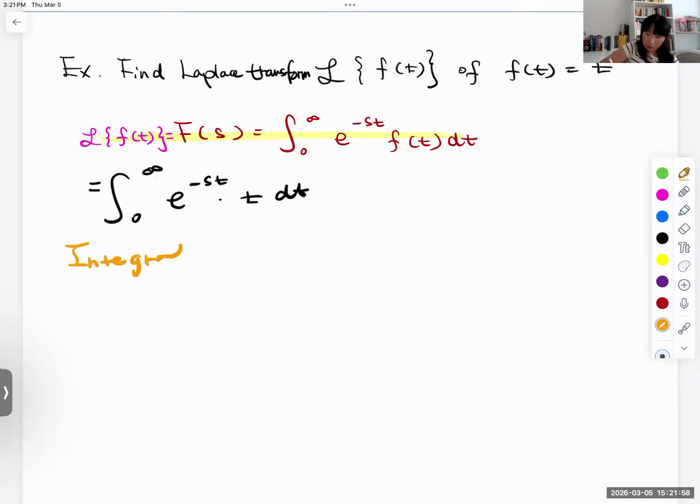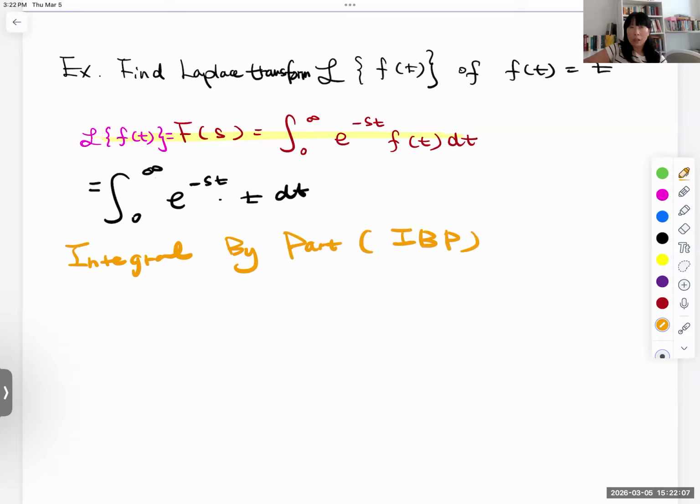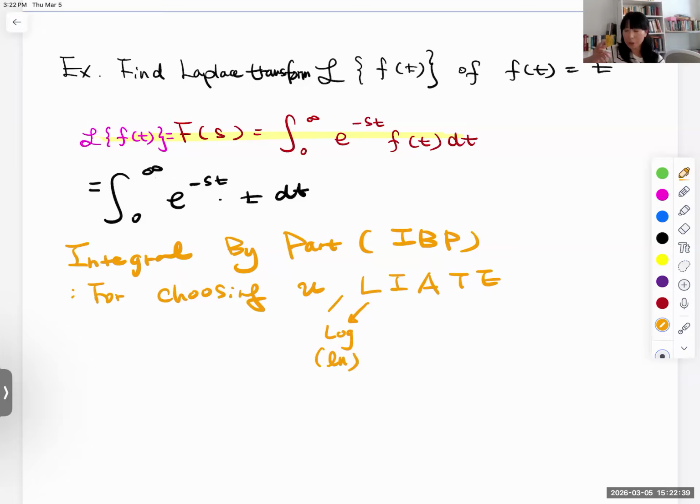Integration by parts, or IBP. For choosing u, we use LIATE, this is how I pronounce it. L is log, same as ln, which we use first.